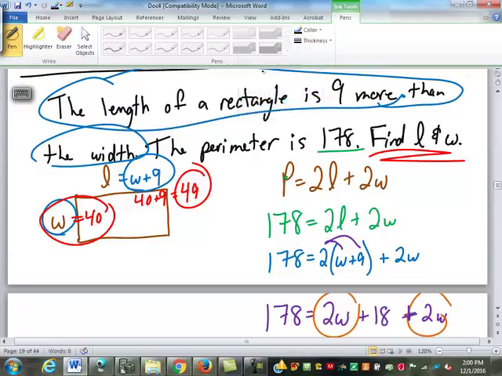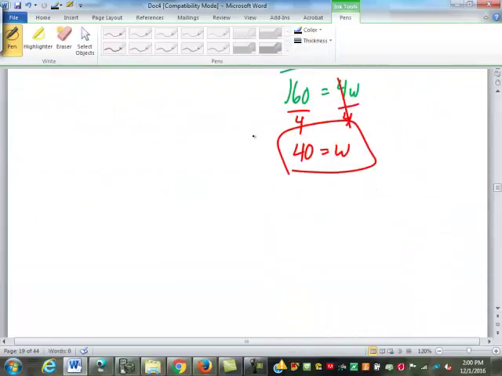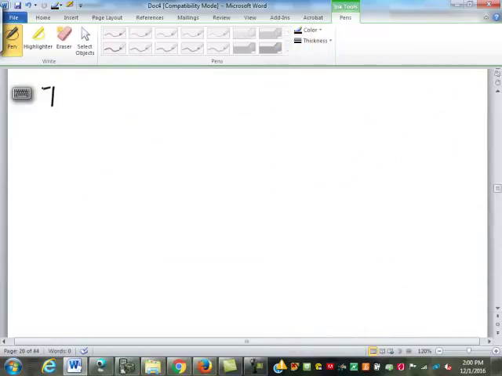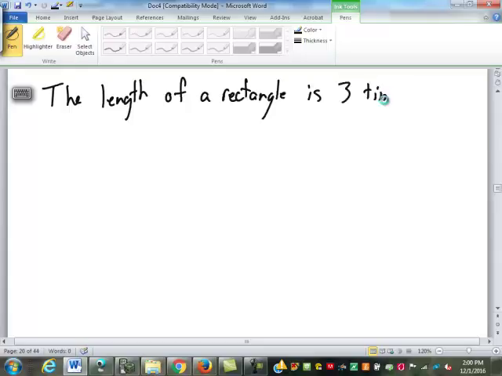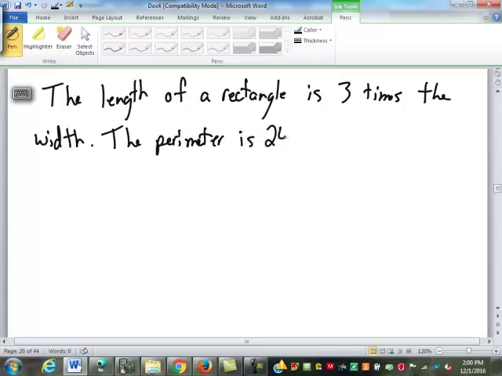In your notes, I want you to try this one. The length of a rectangle is 3 times the width. The perimeter is 240.